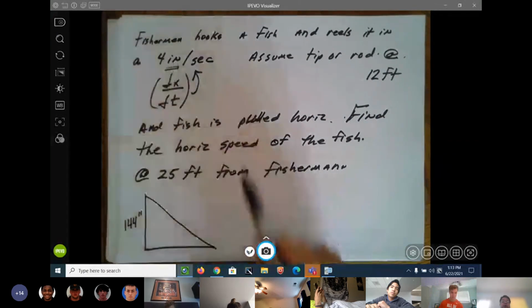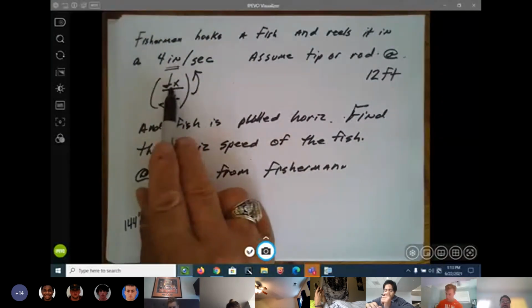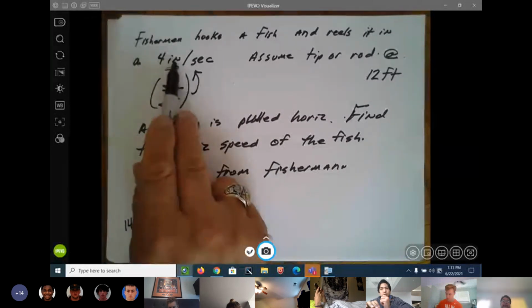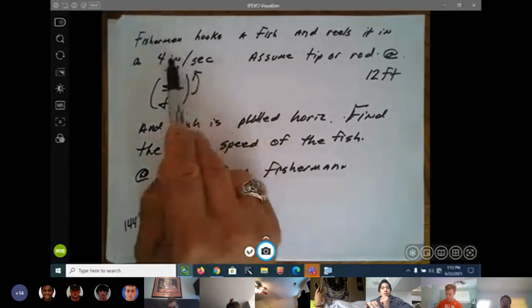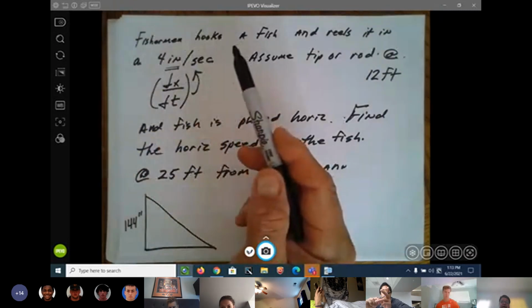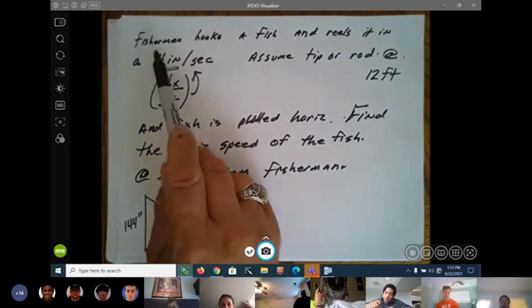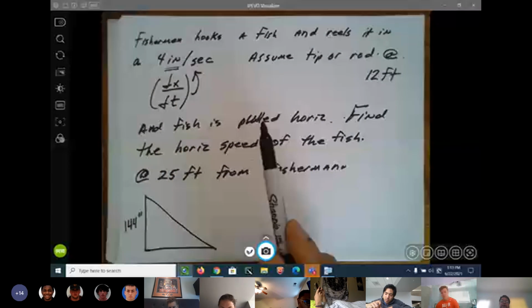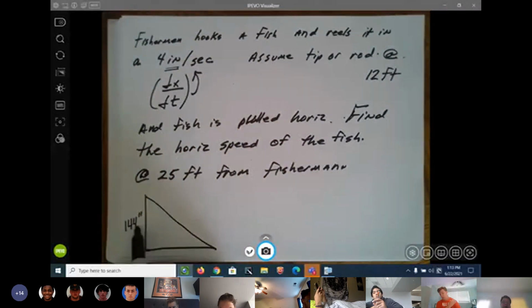Because the rate of change with respect to x is in inches. Now you could have changed that to 4 over 12, which would be 0.25 feet per second. You could have done that, but I'm just changing the height here. And this is x.